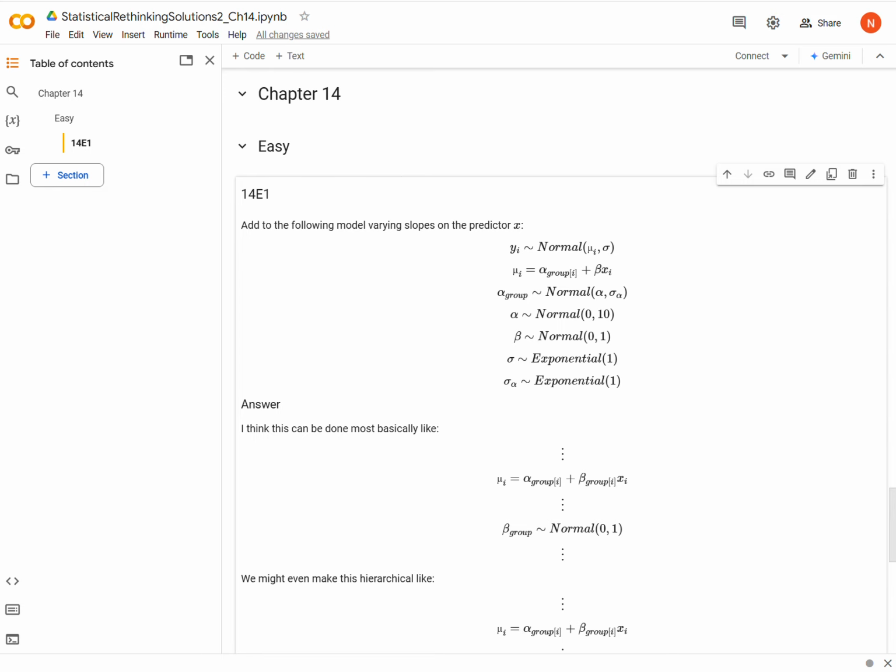In this particular chapter, in the previous chapter, chapter 13, we were looking at how to build hierarchical models, and I think that chapter was called Models with Memory, where we could put these adaptive priors in place, hyperpriors or hyperparameters.